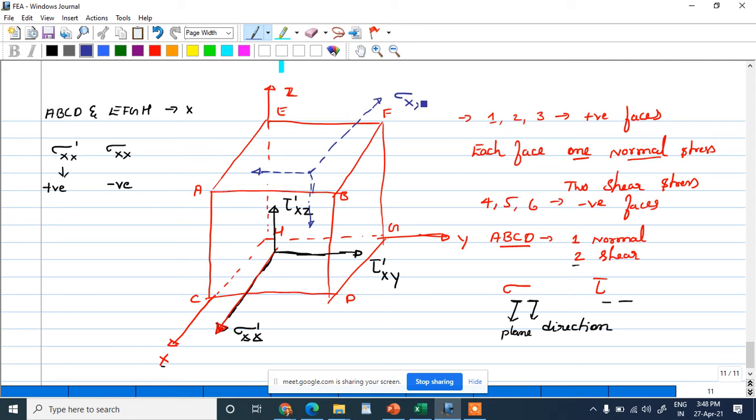Now this is sigma xx, and this particular will be tau. So the plane is x plane and the direction is y, and this is tau, plane is x and the direction is z. This is done.